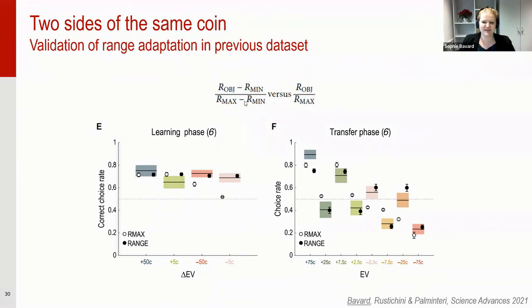The range adaptation is in black and the Rmax is in white. In the previous data sets, we need the actual range adaptation, and not just maximum adaptation, to match participants' behavior, because we have negative rewards as well. But it is true that in our task from this paper of 2021, we could do the normalization only with the Rmax, because the Rmin would never differ from 0.